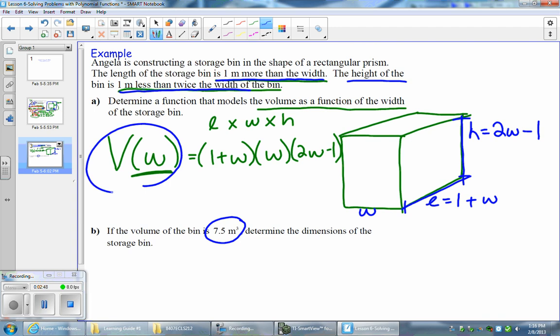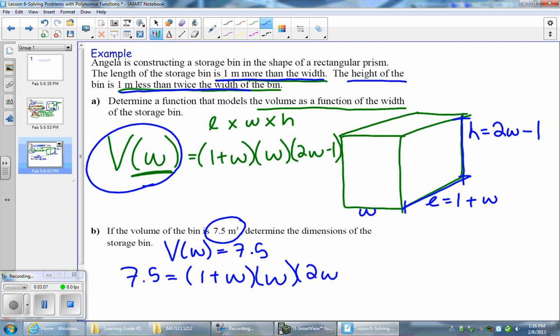Since we know what the volume is, we're going to let V of w equal 7.5, and then solve for w. So 7.5 is equal to (1 plus w) times w times (2w minus 1). There is my equation. I want to solve for w.